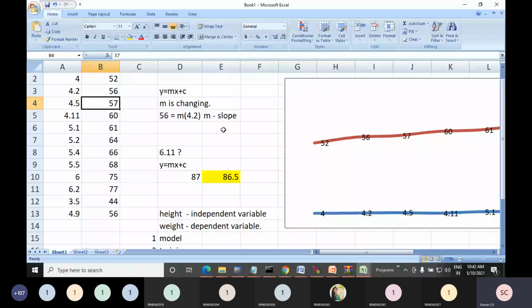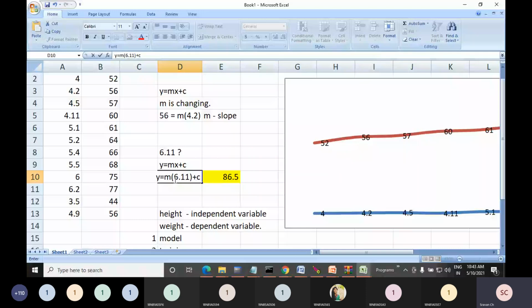And once that m value is known, I can predict now. If you ask my program what the weight should be if the height is 6.11 feet, my program will apply y is equal to mx plus c. The m value, whatever it has calculated, x value is 6.11, right, plus constant.